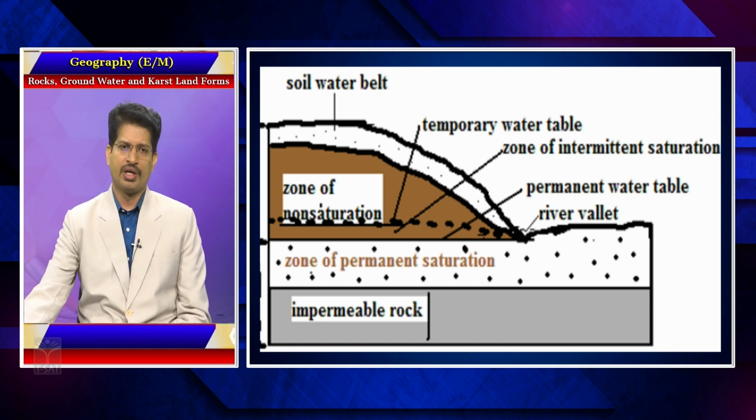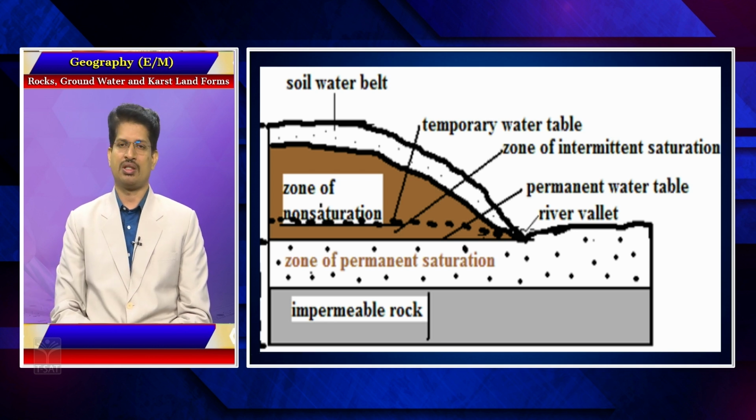There is a layer up to which the water table can reach at maximum in the rainy season, which reduces during the summer season. The permanent depth at which water is retained in a region is described as the permanent water table.